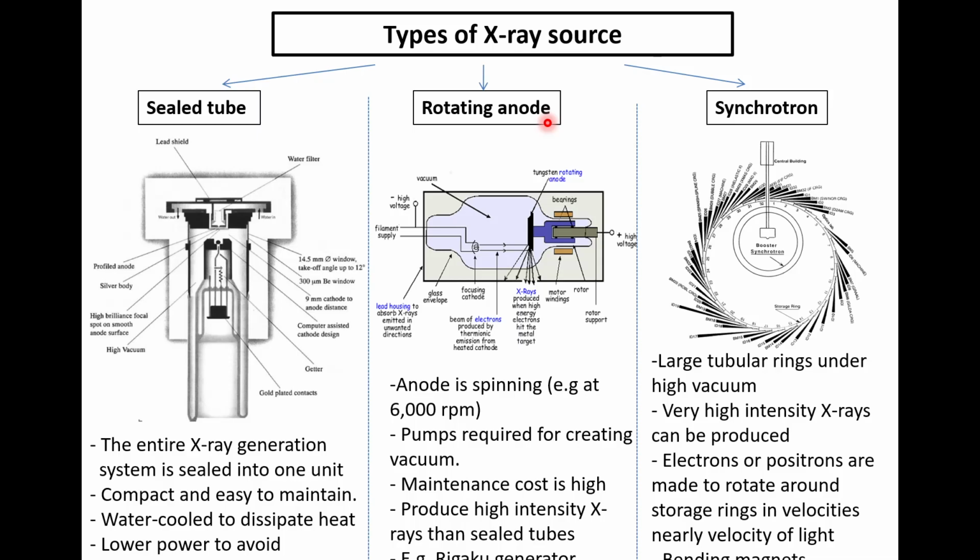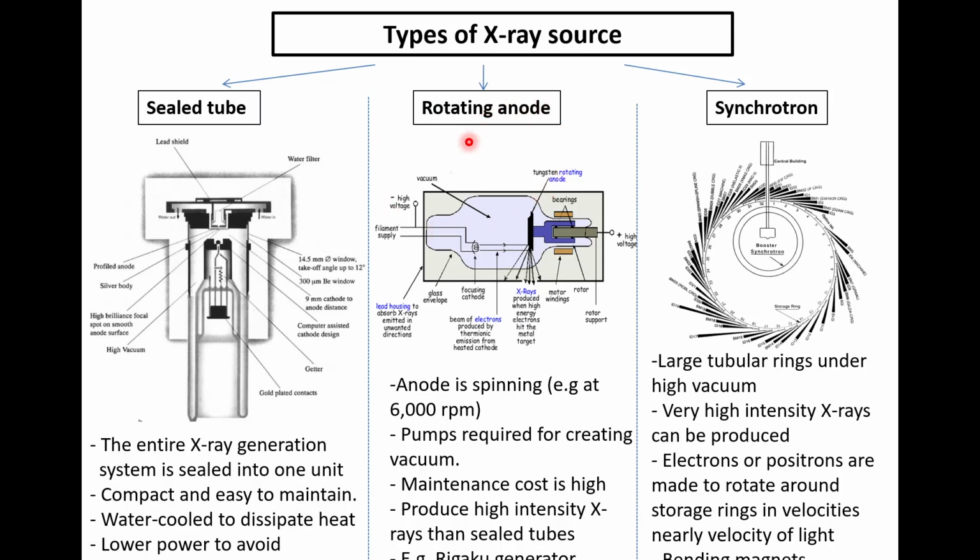In the sealed tube, it was hitting a single region, due to which there will be pores. But now you are increasing the lifetime of the anode, and you are also reducing the heating of the anode, because it is continuously rotating. So from this rotating anode, you can actually get higher intensity X-rays as compared to the sealed tube.